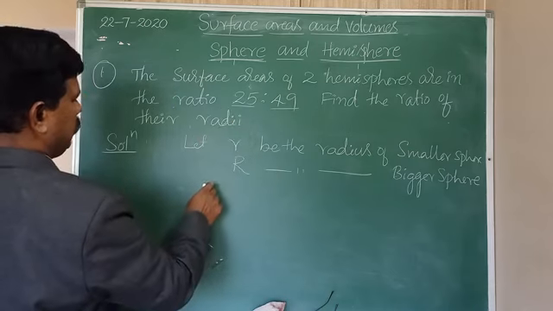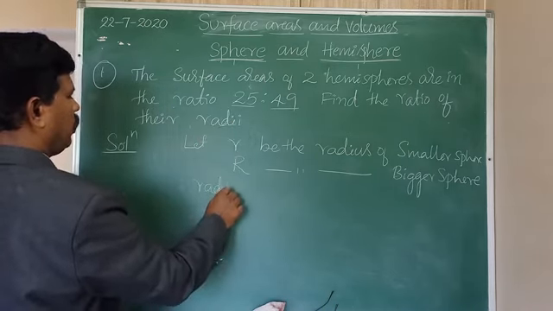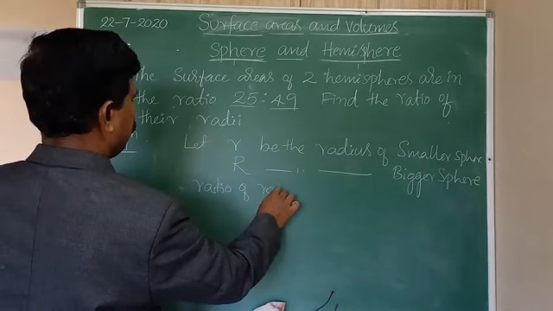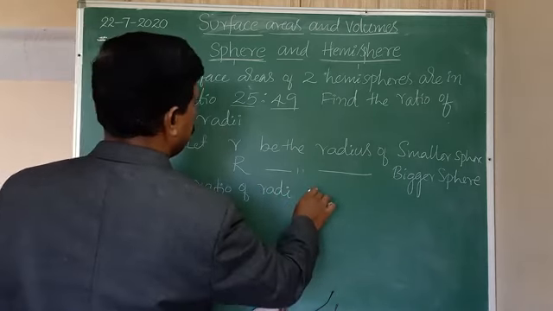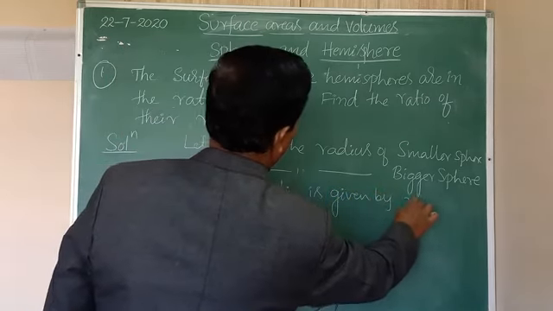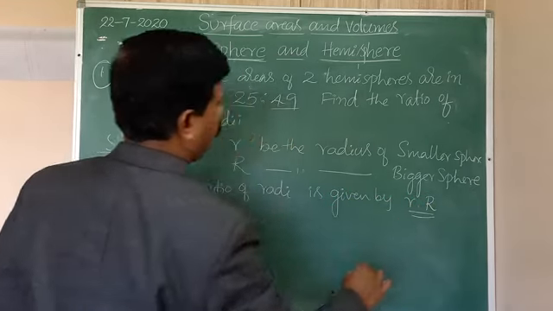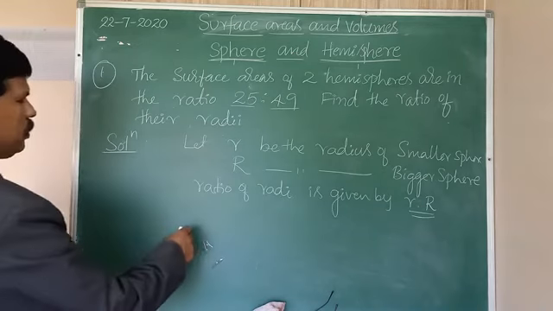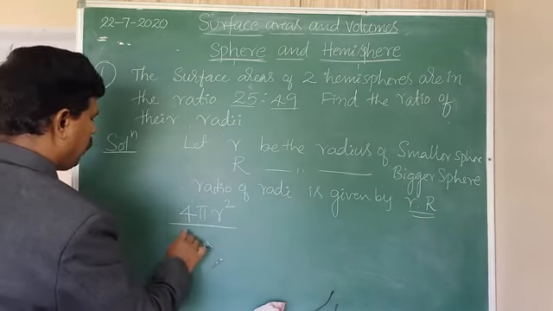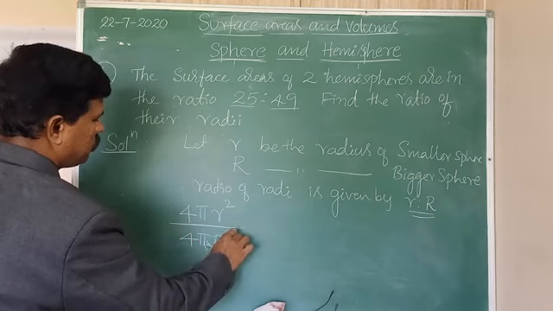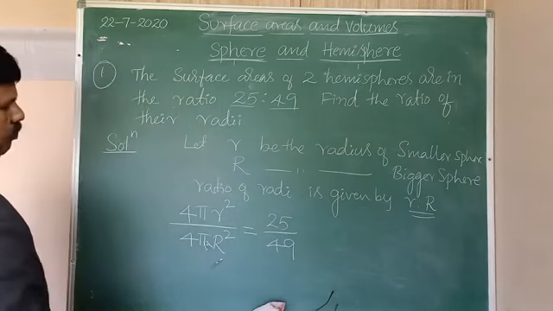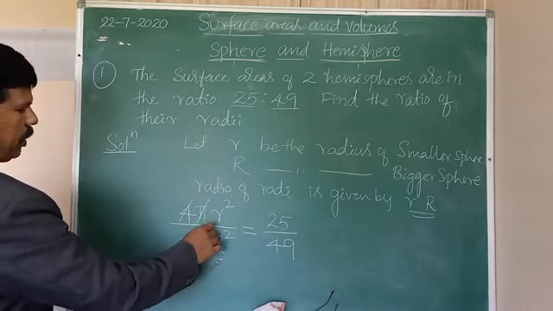Then the ratio of radii is given by r is to R. Now surface area is 4 pi r square whole by 4 pi capital R square equals 25 by 49. Now 4 gets cancelled, pi gets cancelled.